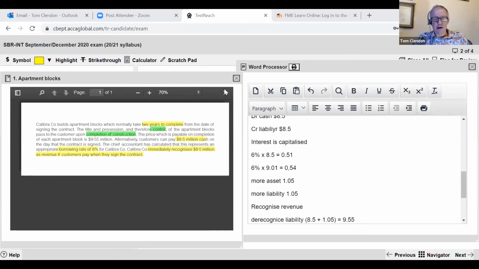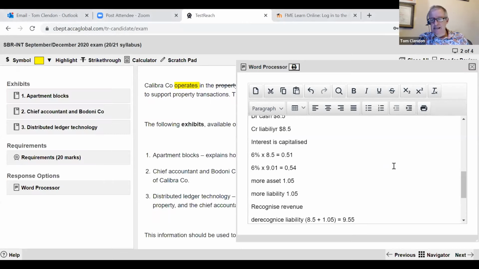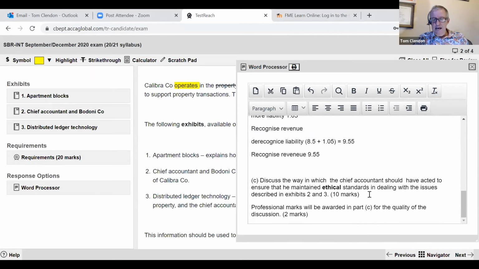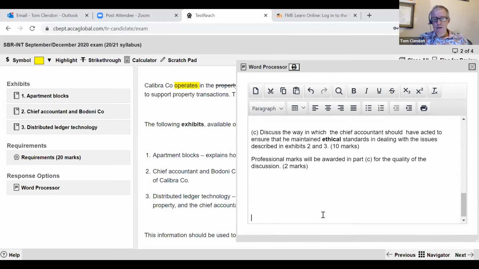So let me move on and have a look at the next requirement of the question, which is part C. Part C is 12 marks. I use a multiple of 1.8, which is slightly tight, if I'm honest.